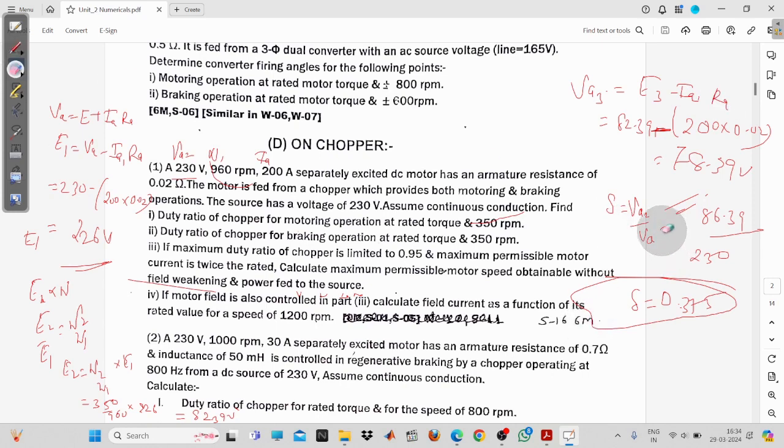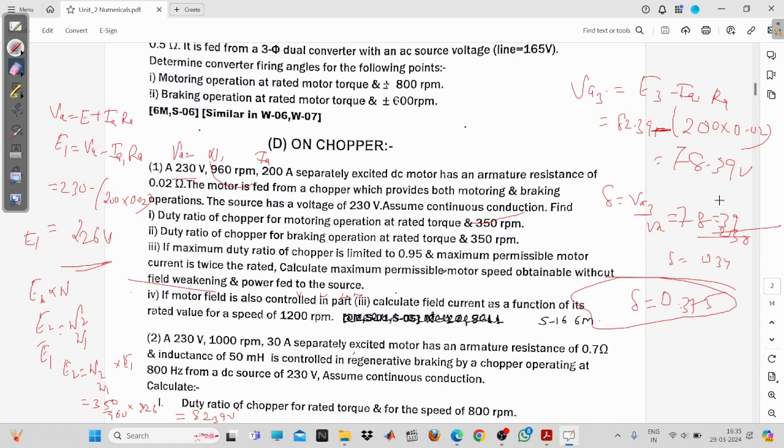Now delta will be equal to VA3 upon VA, that is 78.39 upon 230 volt. Accordingly, delta will be equal to 0.34.